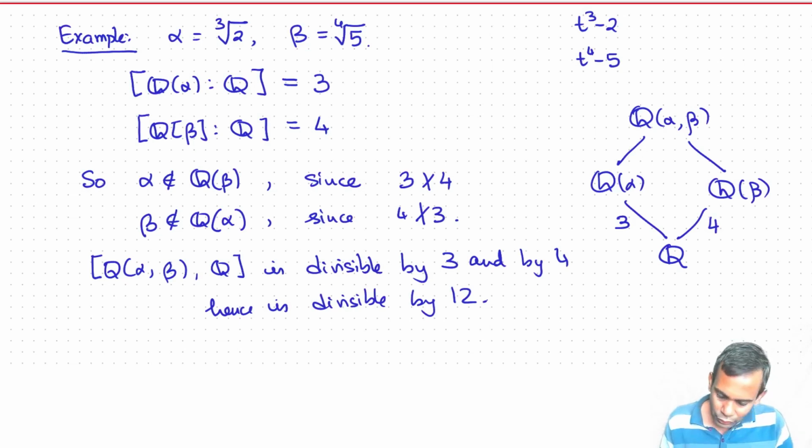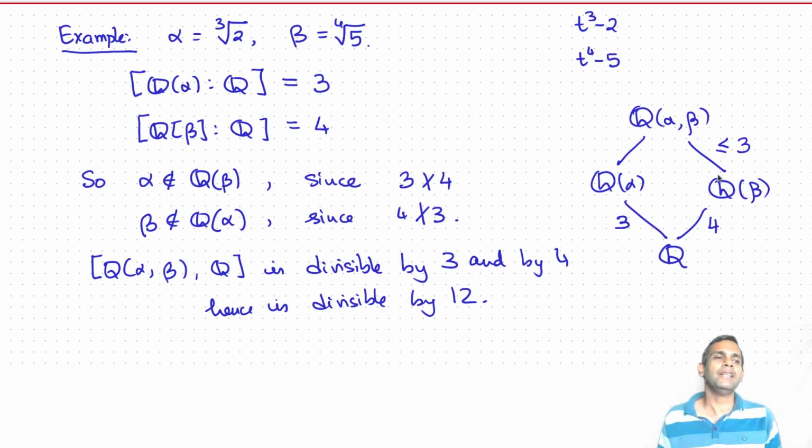Okay, but we also know that the degree of Q(alpha, beta) over Q(beta) has to be less than or equal to 3, because alpha satisfies the equation t cubed minus 2, which is an equation with coefficients in Q, but it's also an equation with coefficients in Q(beta). So alpha satisfies a polynomial of degree 3 over Q(beta), and so its irreducible polynomial must be of degree less than or equal to 3.